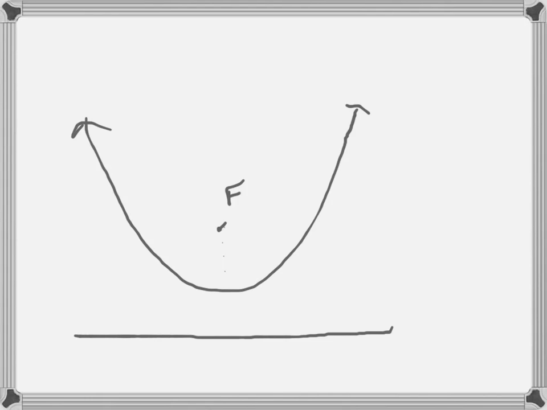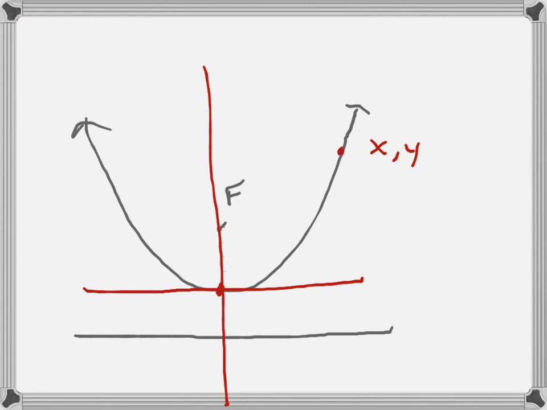Okay, so the idea is if I just take any random point on here, I'm just going to call this X and Y, and let's just make our life easier and say that this is the X and the Y axis, that is the origin here is 0, 0. And this point, the focus, is, we said, P units away.